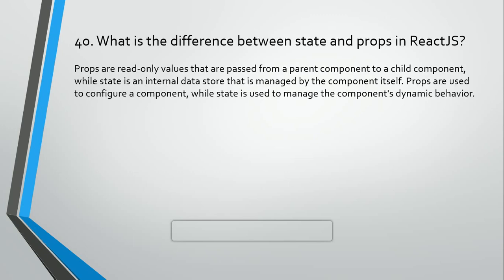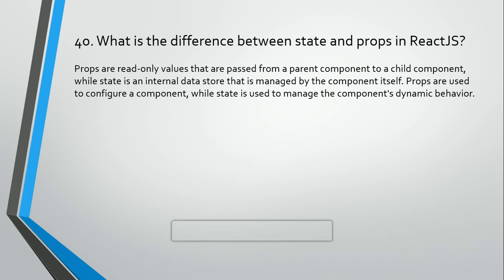What is the difference between state and props in React.js? Maybe you know what state is and what props are. Props are read-only values that are passed from a parent component to a child component, while state is internal data that is managed by the component itself, like declaring a variable in simple JavaScript.